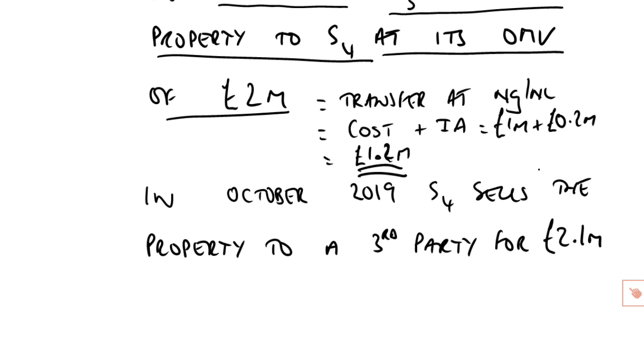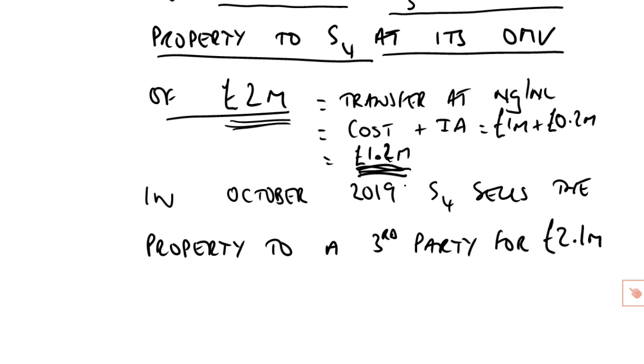So the deemed cost to be used by S4 on any subsequent disposal, whenever that takes place, will not be the amount they actually paid for the property, £2 million. It will be the no gain, no loss transfer value of £1.2 million.